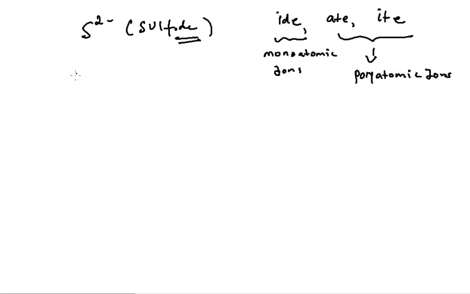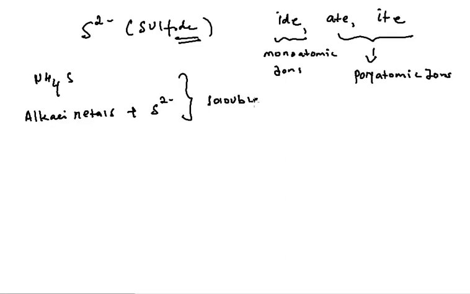So sulfide is a monoatomic ion. Compounds of ammonium ion and alkali metal cations are always soluble in water. So if you have ammonium sulfide or alkali metal sulfides, they always form aqueous solutions. Other than that, sulfide is not soluble.